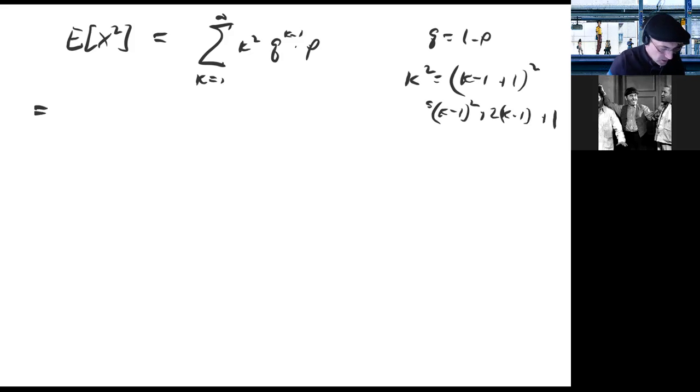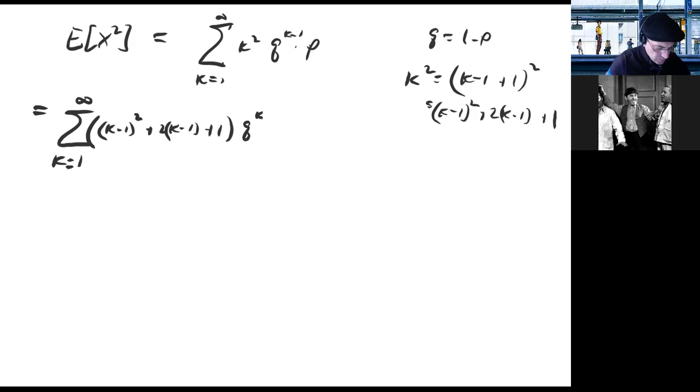Okay, so what do you get here? So this is the same as the sum, k goes from 1 to infinity of ((k minus 1) squared plus 2(k minus 1) plus 1) times q to the k minus 1 times p.